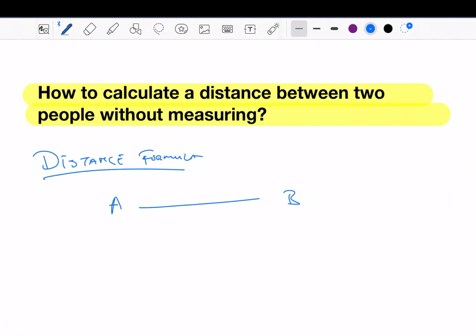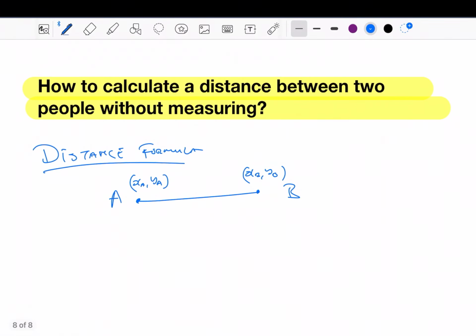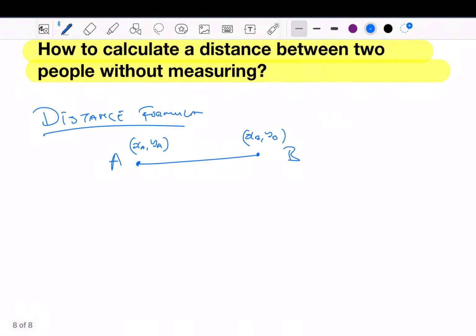And these are straight lines. This point A and point B are straight lines. And we know the coordinates of point A. The coordinate of point A, let's say it's XA and YA. And we know the coordinate of point B is XB and YB. We know these two coordinates, right? And from here, we can calculate the distance between point A and point B.